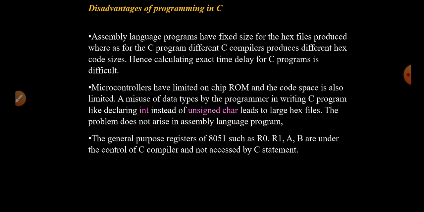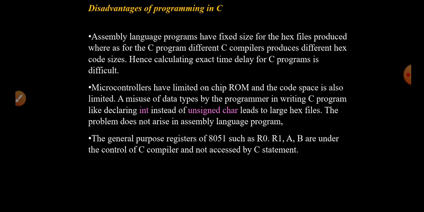Then coming to disadvantages of programming in C, assembly language programs have a fixed size for the hex file produced, whereas for C programs, different C compilers produce different hex files.